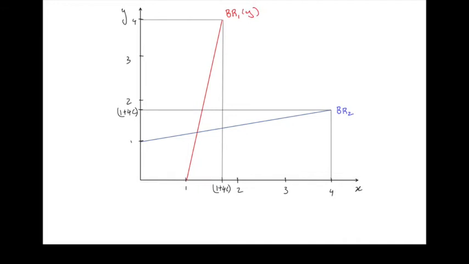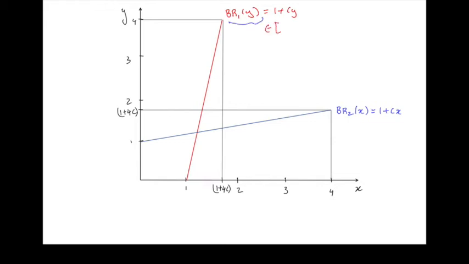The best response of player 1 to a choice of y by player 2 is, remember, 1 plus c times y. And the best response of player 2 to a choice of x by player 1 is 1 plus c times x. So these are both straight lines with a slope of c. So let's look at the graph of the best response of player 1. The lowest strategy that player 1 can have as a best response is 1.